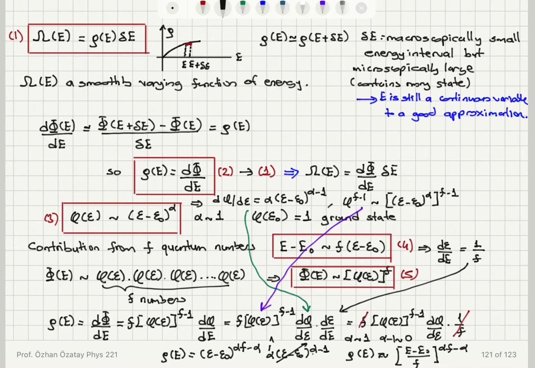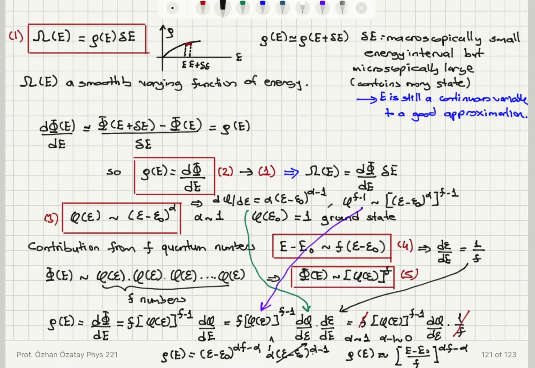Now, the number of accessible states at the energy range E to E plus delta E is the number of states per energy, the density of states, multiplied by the energy interval delta E, where the density of states is the derivative of the total number of states for energies less than E with respect to the energy E. So for a small energy interval delta E, this is phi at E plus delta E minus phi at E divided by delta E. So this is the derivative of phi with respect to E. That's the second relationship.